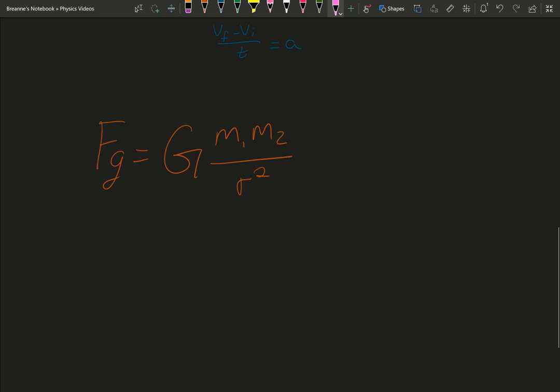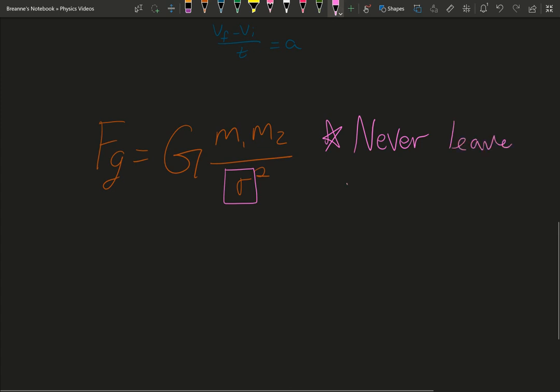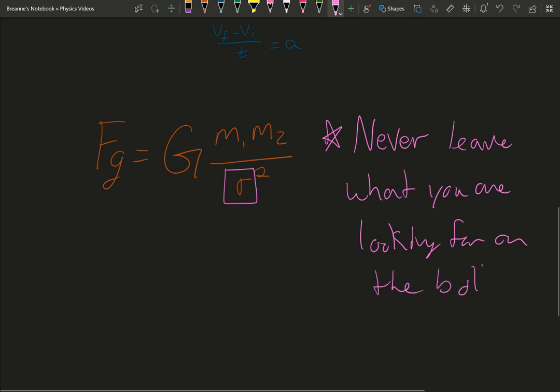And we are looking for this R. Never, ever, ever leave what you're looking for on the bottom.